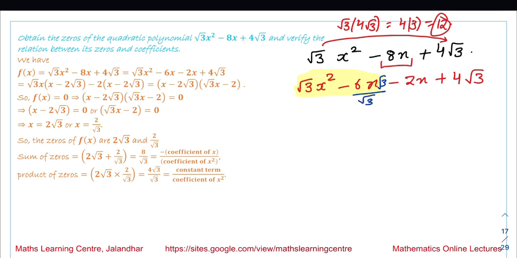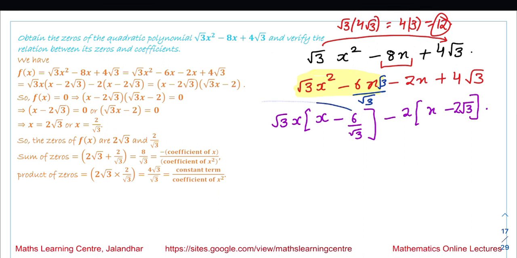So if I take square root 3 common from this term and x common, in the first term I am left with x minus, it is root 3 I have already taken common, so I am left with 6 over root 3. Then it is minus, I will take 2 common, and it is x minus 2 root 3.